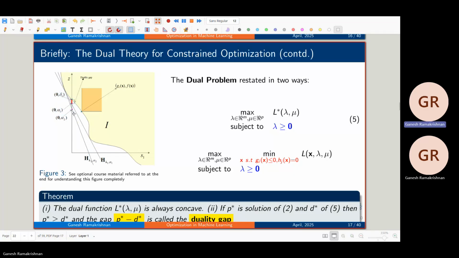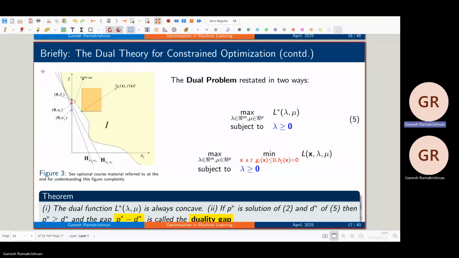The y-intercept is basically the solution of the dual. What do you know about this inequality? What is this inequality called? The weak duality result. So we are only interested in the hyperplanes which lie below the frontier. Consider only those hyperplanes which lie below.